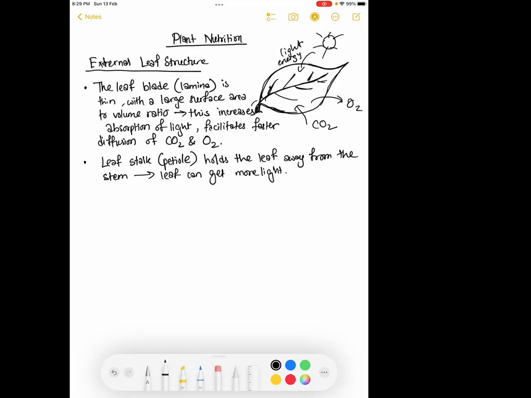So mineral and water salts enter through this stalk and go all the way like that. And then the food, which is made by the leaves, is actually going backwards like that, okay?